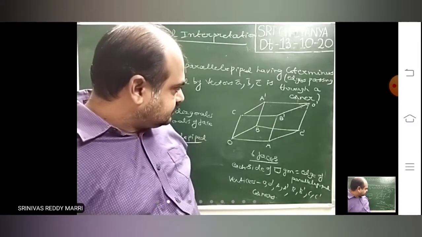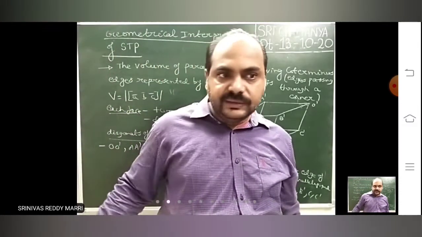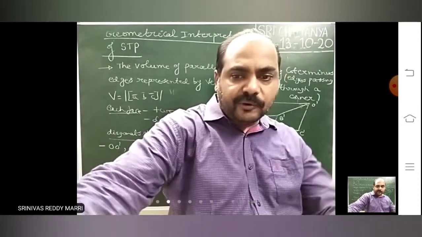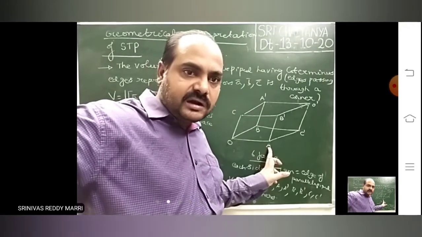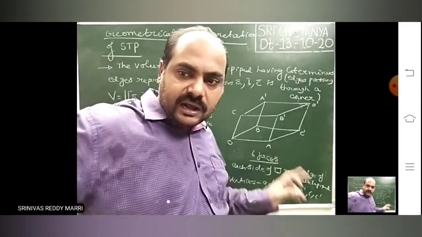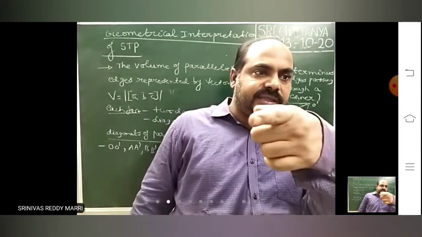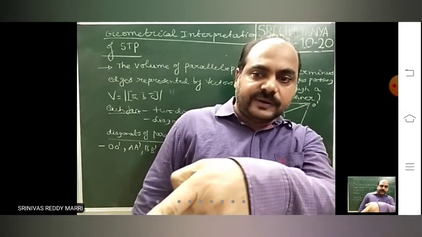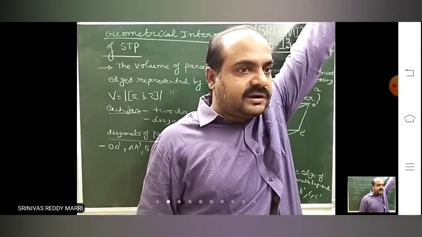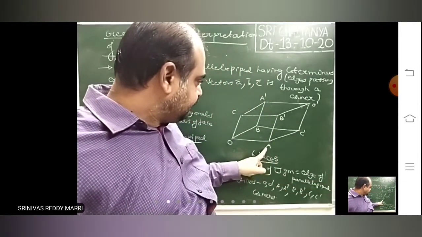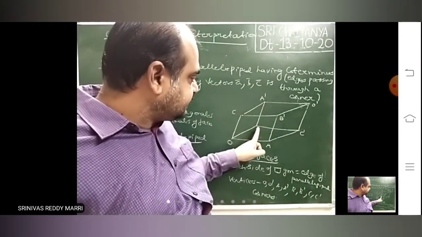Similarly, opposite to me on the ground, two corners will be there. One corner you take A, one corner you take K. From that corner, oppositely that side. And from that corner, ground to this side opposite will be there. So A dash is there.